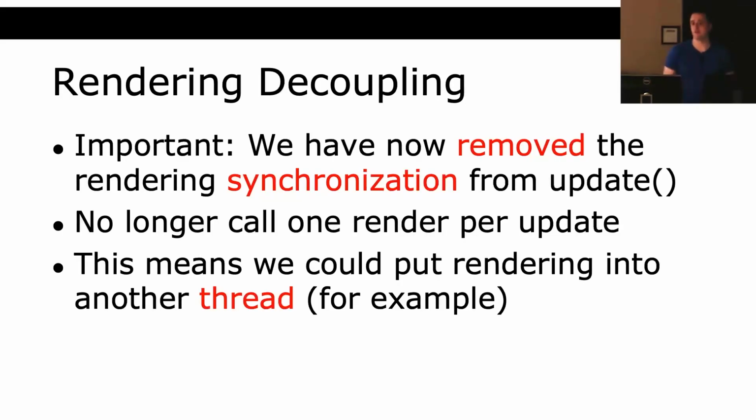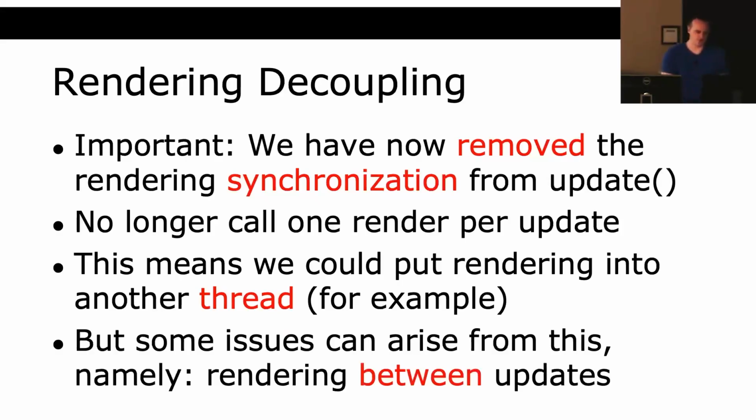This means that we could, in theory, do something like put the rendering into another thread, right? Modern games are going to be multi-threaded, they're going to use all your processors in fun ways. And so we could have the game simulation just happening over here and the rendering happening over here in another thread. I'm not getting into multi-threaded game architectures and what could arise, but issues can arise from this.